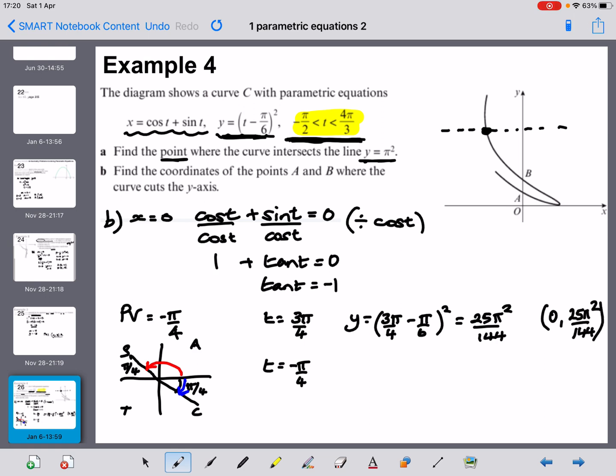And then if t equals minus π/4, y will equal minus π/4 minus π/6, squared, substituting it into the y parametric. I think I've got those mixed up.